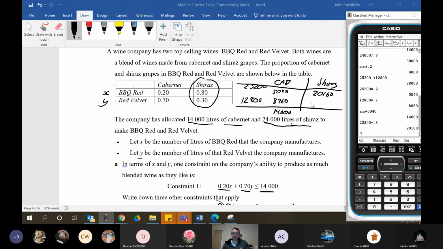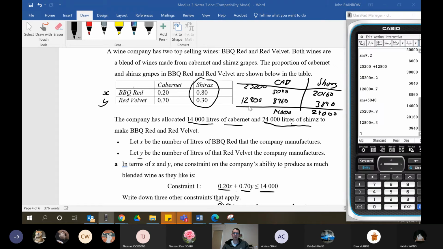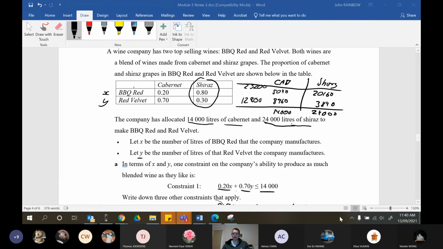And the next one is we look at Velvet Red, which is yellow. So we used 12,800 litres, and that is going to be 0.3. So you use 3,840, which uses a total of 24,000 litres. So that gives us our maximum usage that we can get into there.